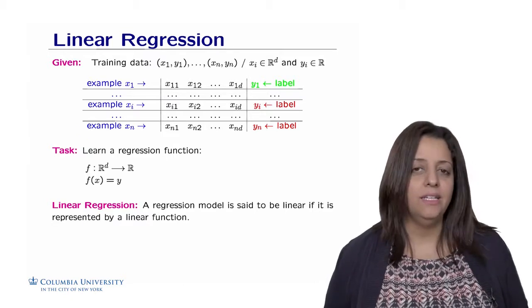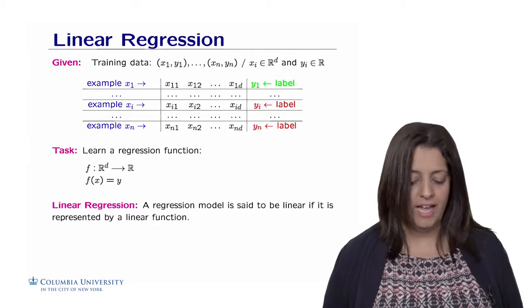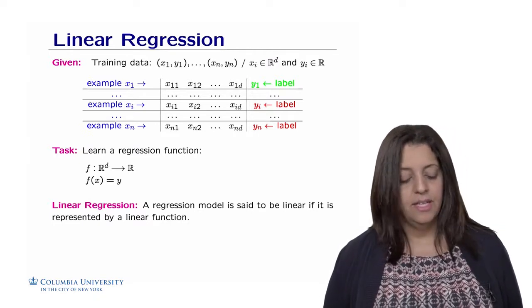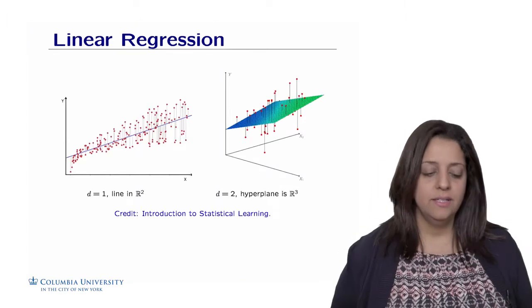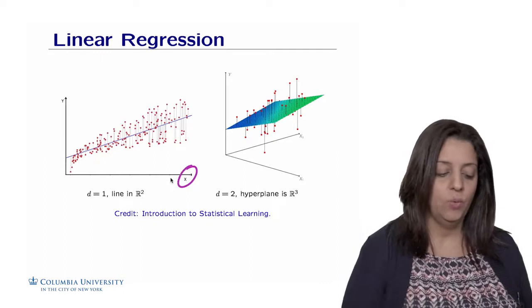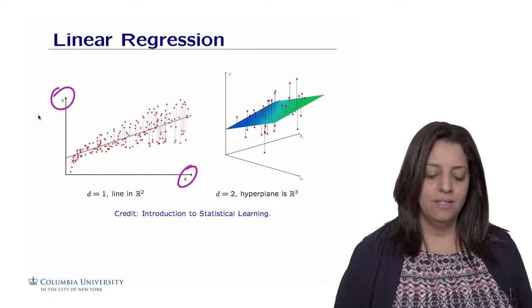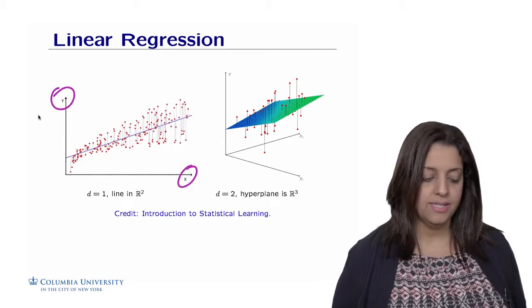We talk about linear regression because the regression model that we are trying to build, which is the function f, is actually linear because it can be represented by a linear function. For example, in the case of a data set with only one feature and one label, we plot this data into a two-dimensional space in which we try to find the best line that fits the data points.